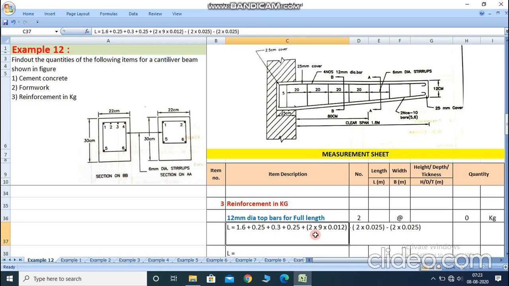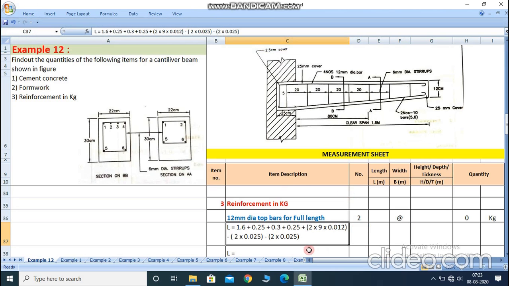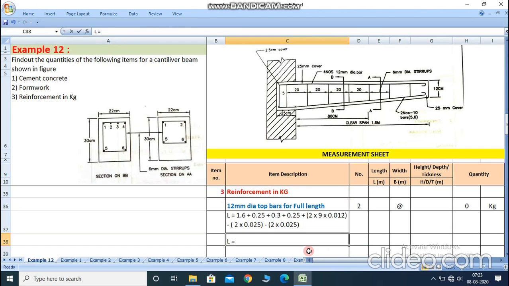Now here we find the total length, which is 2.516 meters, the total length of the bar.